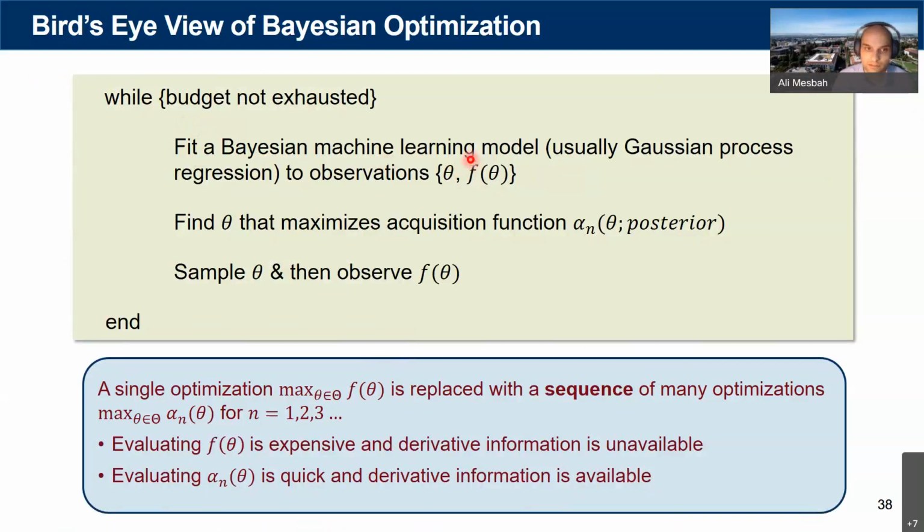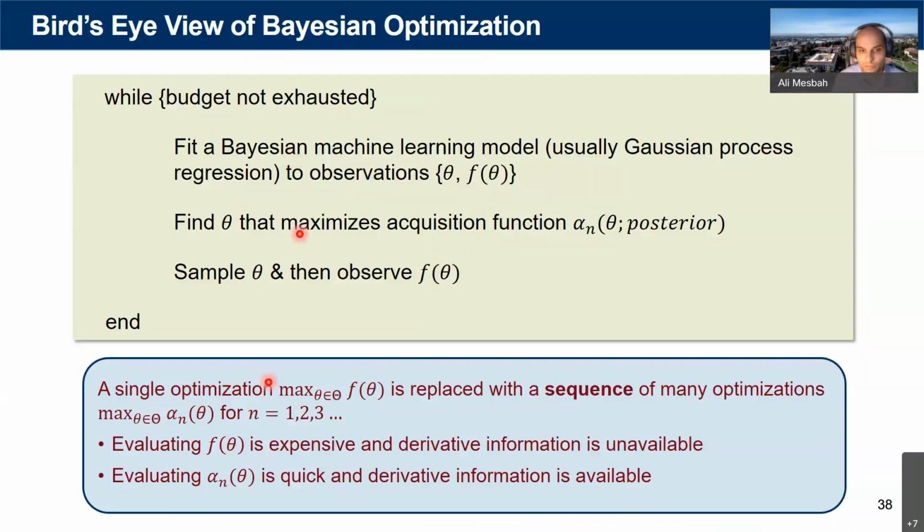GP is a commonly used one, fit to the observations of your objective function. Then you find decisions that maximize the acquisition function, you apply and sample, and then using the new data, you update your surrogate model, and repeat until your budget is exhausted.